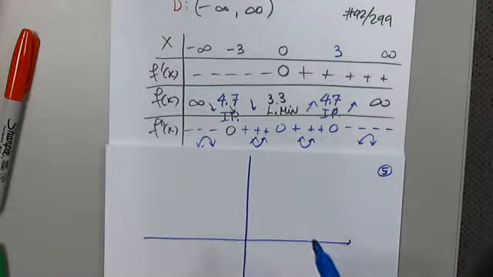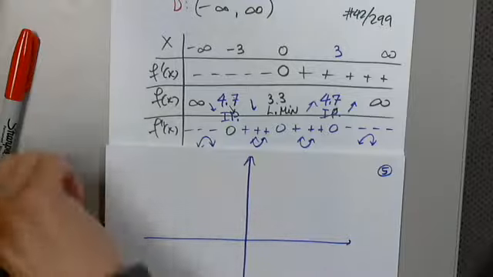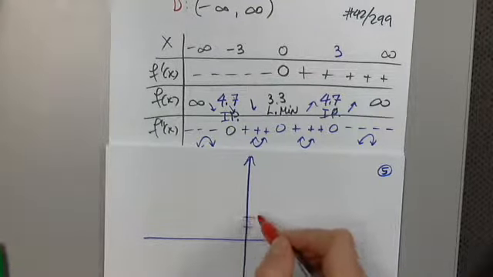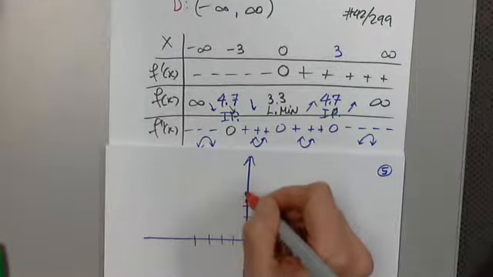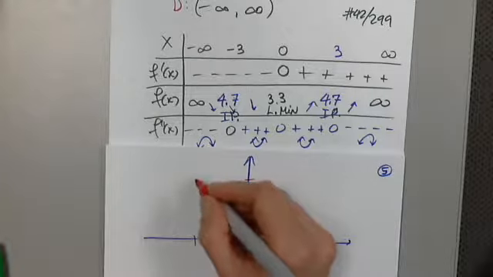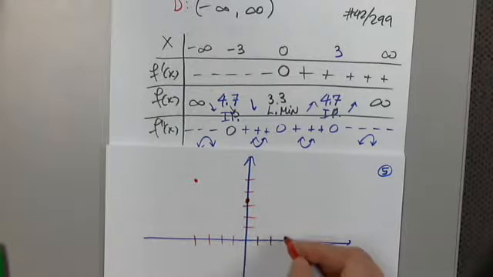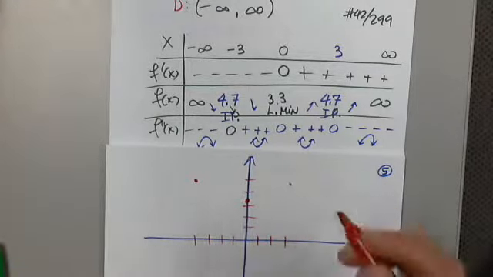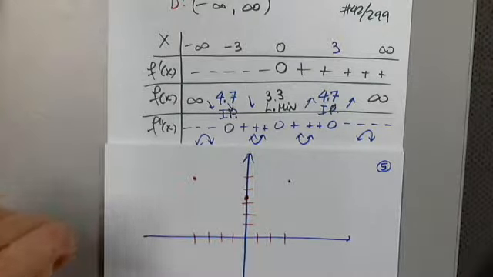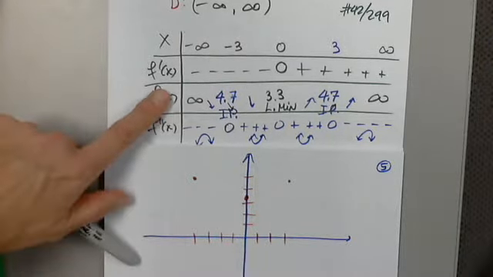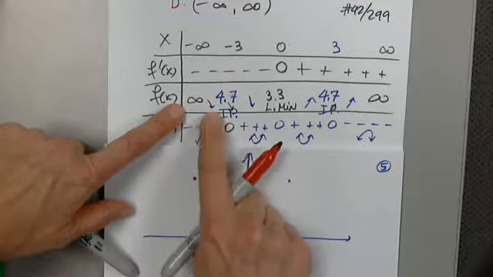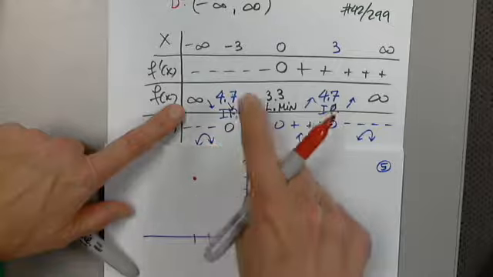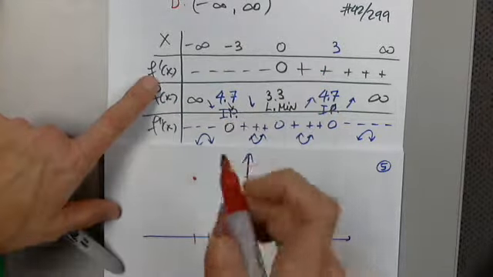I plot the points I have first: 0, 3.3; negative 3, 4.7; and 3, 4.7. The function is coming from infinity, decreasing, opening down to the point negative 3, 4.7.